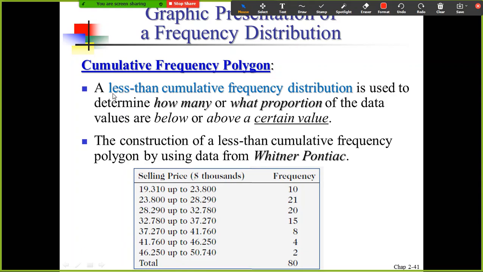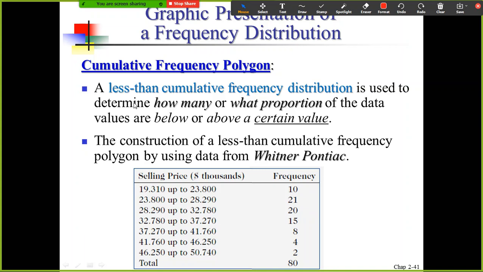Because this is less than, that's why below a certain value, an exact value. How about if you're talking about how many or what proportion of the data values are above? This is not less than, this should be more than, together with above; less than together with below.